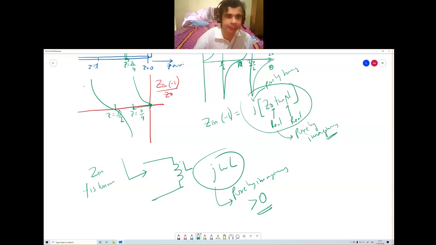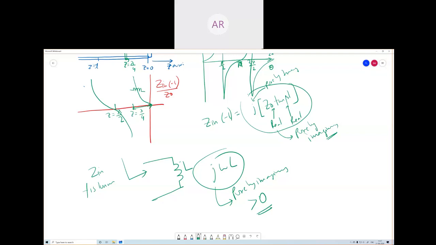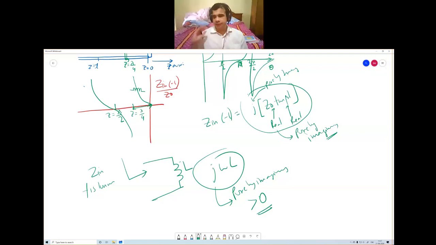So, can we say that in between these 2 points, it appears as an inductive load? Yes. Between point 0 to lambda by 4, the transmission line appears like an inductive load.